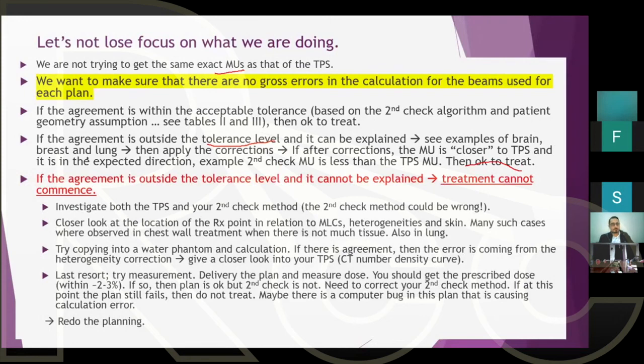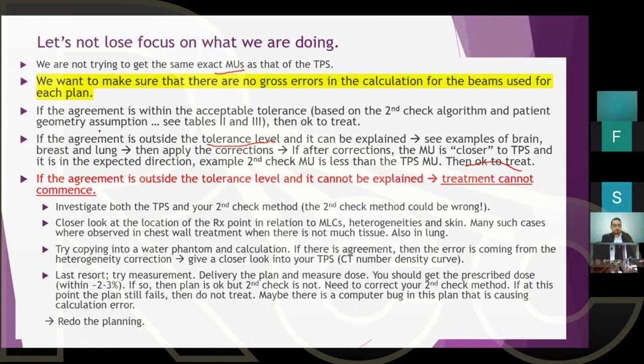In the case that you've done all this problem solving and you're still outside agreement, 6, 8, 10%. Well, if you have 10% disagreement, I would press the brake and say, please stop. You have to tell the physician and the planner, especially the physician, that we cannot start treating this patient.